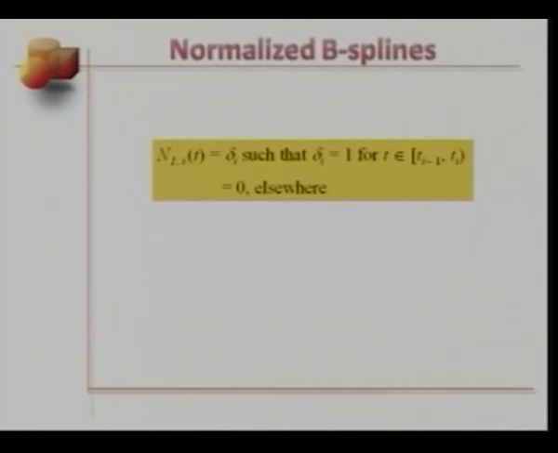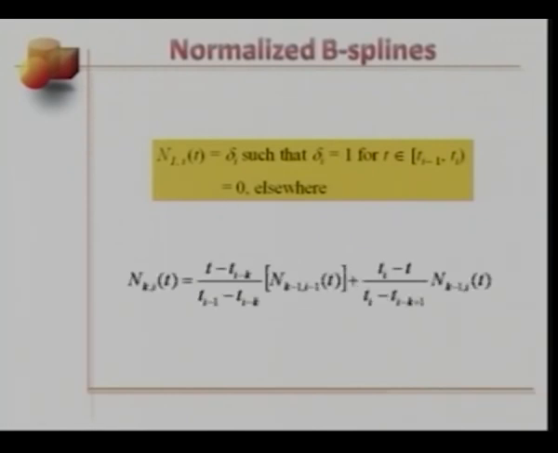Let's revisit normalized basis splines. A normalized basis spline of order 1 is given by N_{1,i}, where t_i is the last knot over which N_{1,i} would stand. This is a function of parameter value t, and this is equal to delta_i, such that delta_i is equal to 1 for parameter value t belonging to the interval [t_{i-1}, t_i). The left hand side is closed, the right hand side is open. Otherwise, N_{1,i}(t) is 0 elsewhere.